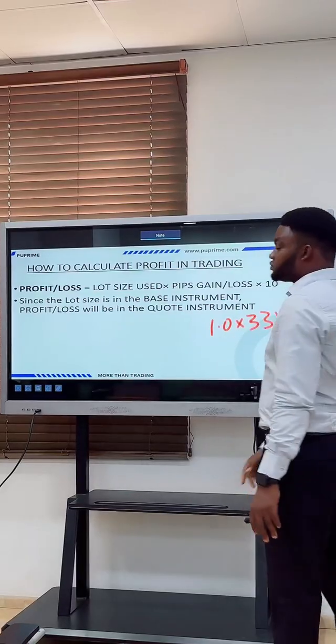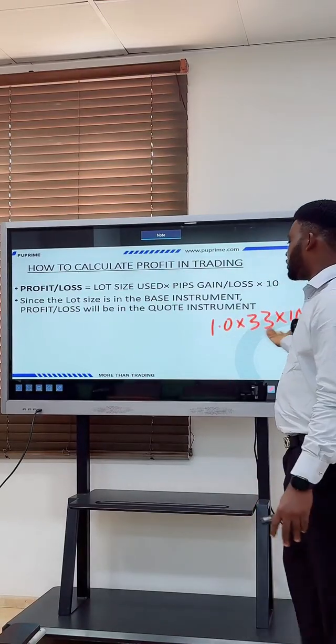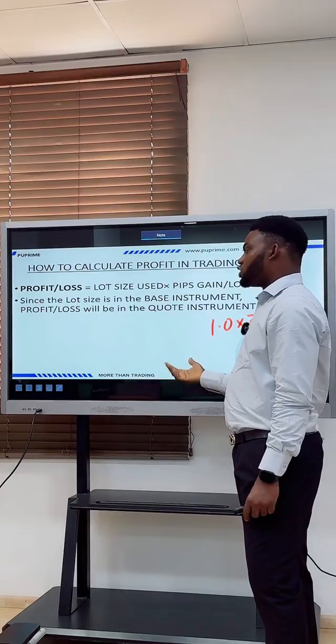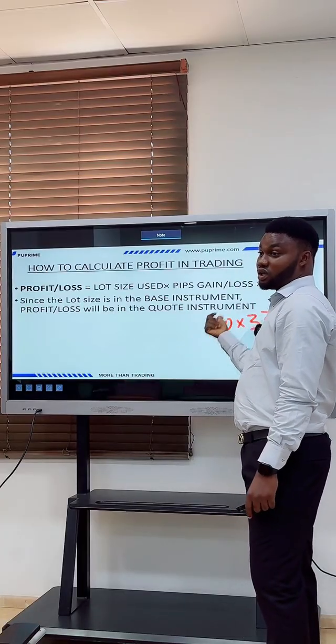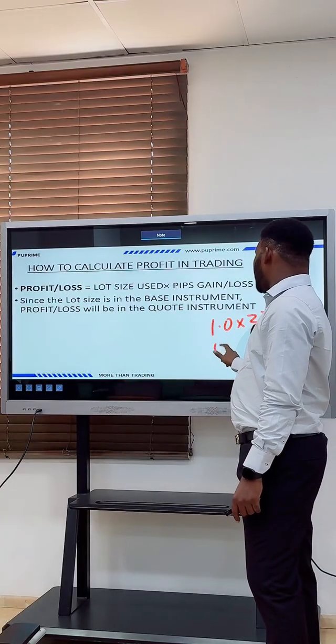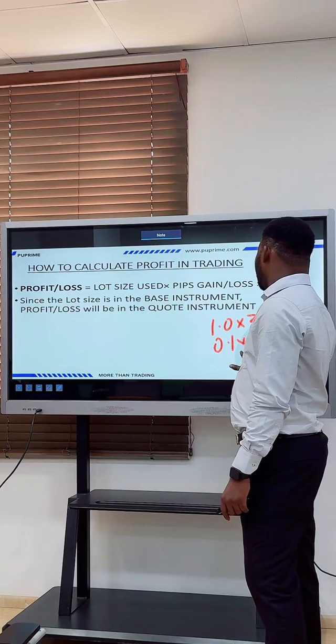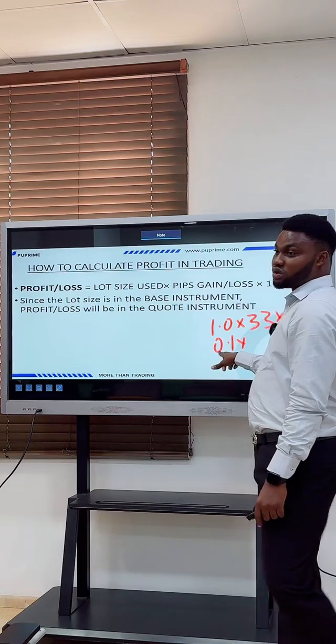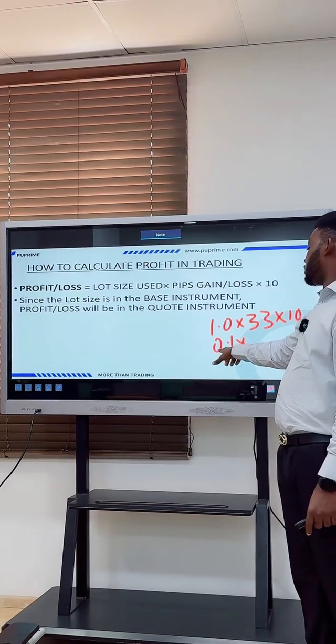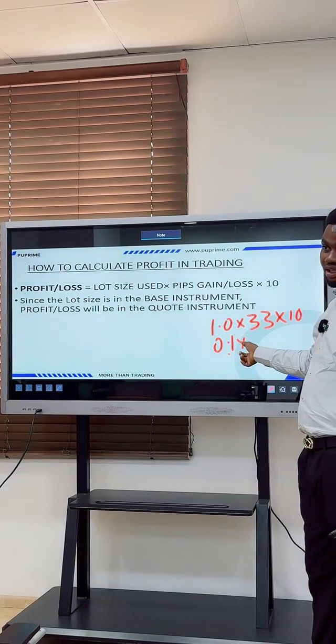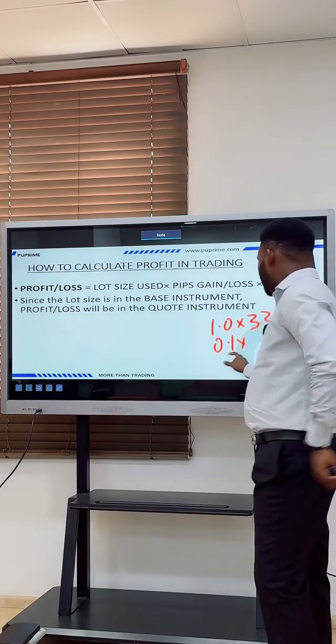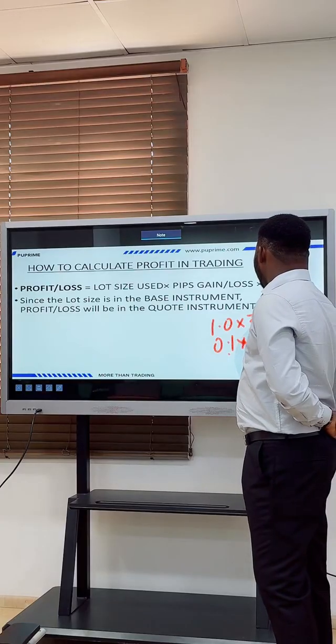That 10 is $10, and it will make it easier because you know that this is equivalent to $10. Now, if we are using 0.1 as well, we already know that this 0.1 is equivalent to $1. So that is 0.1 multiplied by 10.